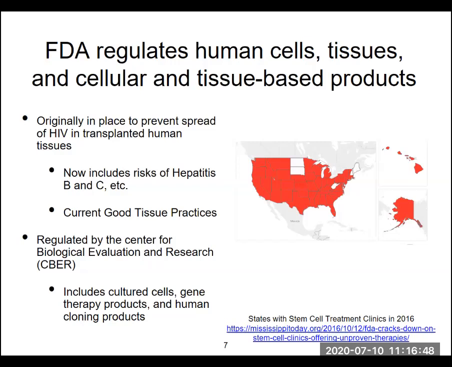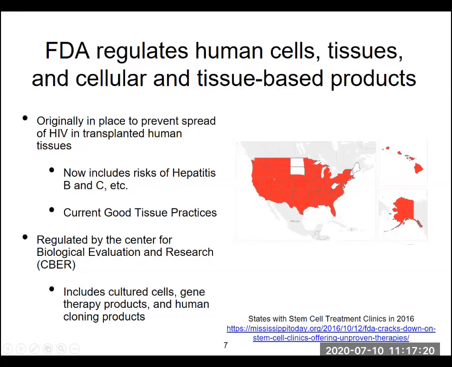And so the expectation is that the people that are doing the research on these stem cell lines and the people that are potentially using it for the treatment of human disease are going to be following good tissue practices to ensure that the cells remain free of viruses, that they're continually being monitored to make sure that they don't have infectious agents that could be transmitted to the patient if they were to receive stem cells or stem cell treatment with this.